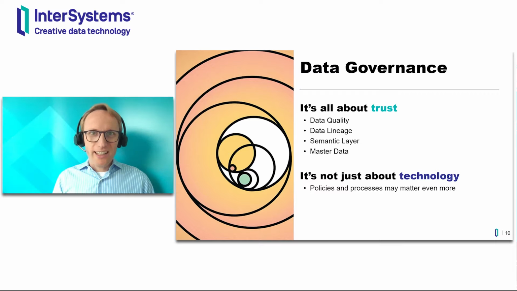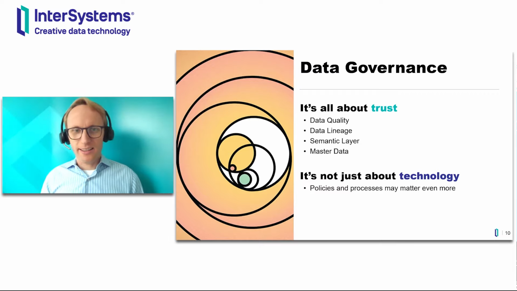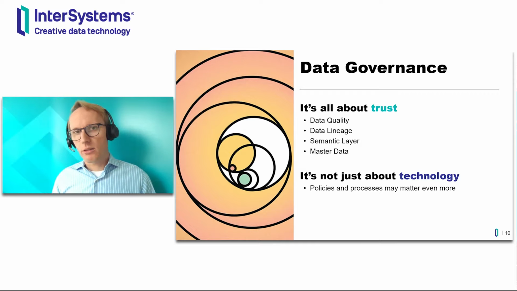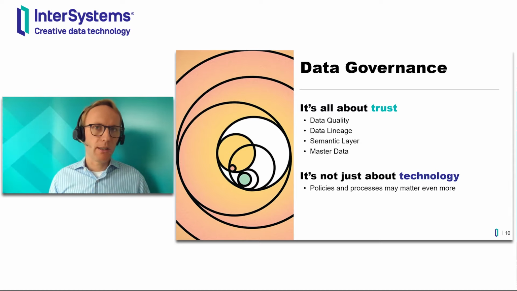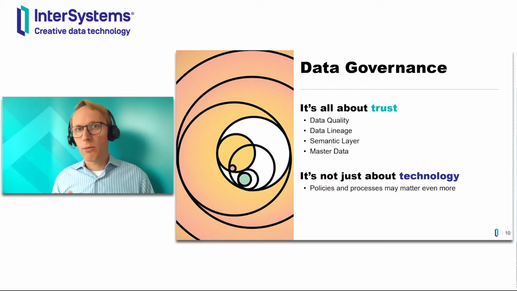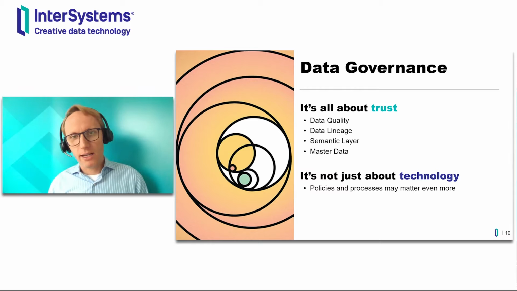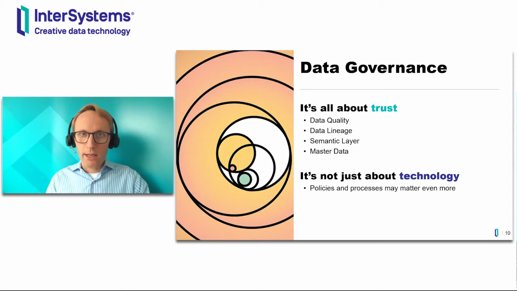Something that's pretty important, and that's also why the Chief Data Officer has a C in his title, is that it's not just about technology. It's not just about picking one particular platform or tool and then being done with it. Data governance is also about establishing policies, what people can and cannot do, and processes, and getting all of that into place, and making sure that everybody is on the same page with respect to how to go about the data.